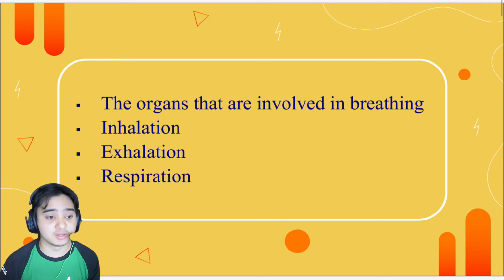Upon inhalation, the diaphragm contracts and the lungs expand, allowing air to pass through the lungs. During exhalation, the diaphragm relaxes and the air or carbon dioxide is forced out of the lungs. This process of inhalation and exhalation is known as respiration, which is approximately 20 times per minute.